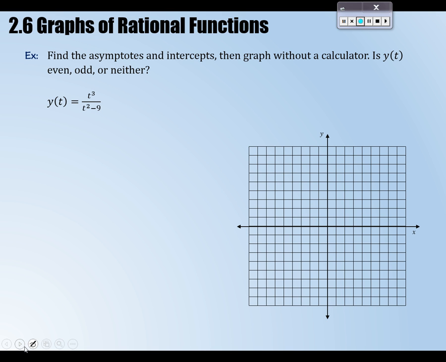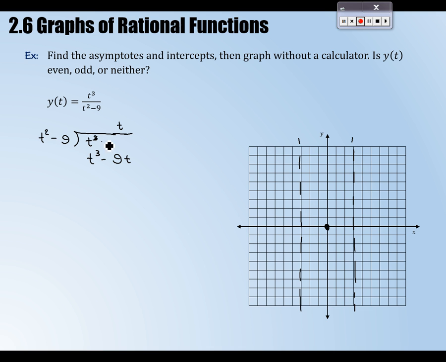Can we just say this goes here? We got this. So far, so good. Now I'd like to think about what the asymptote is. I'm going to pull the same kind of trick I was thinking about earlier. t squared goes into t cubed, t times. What do we get? t cubed minus 9t.